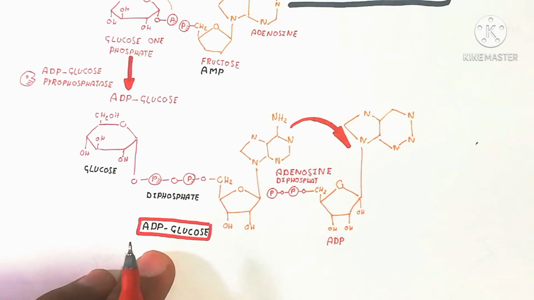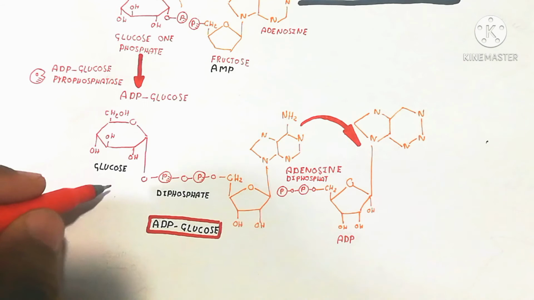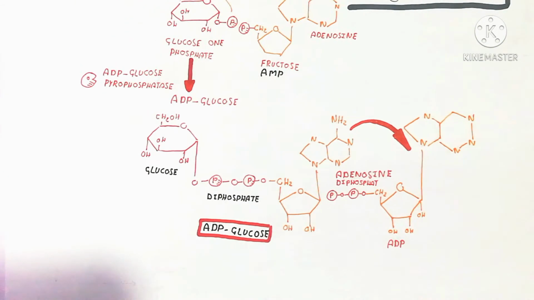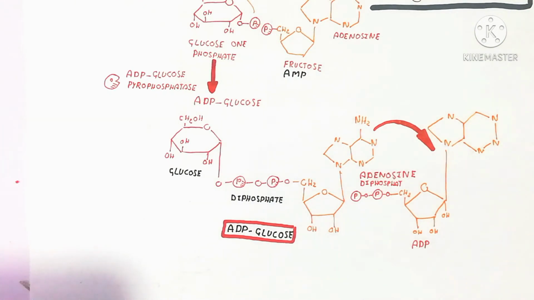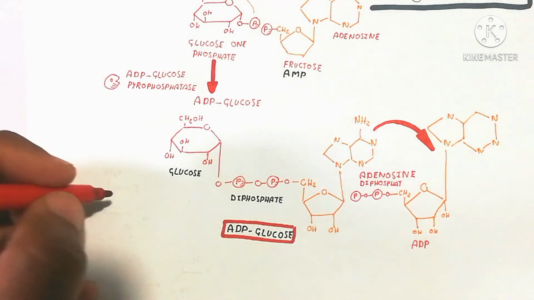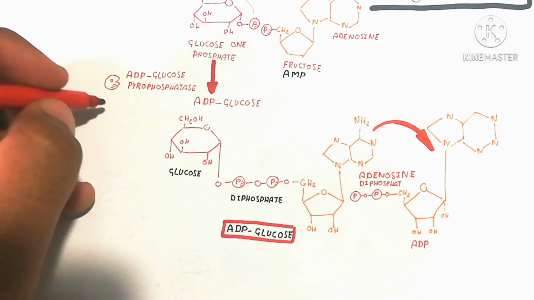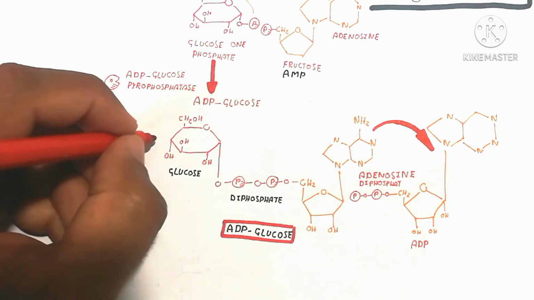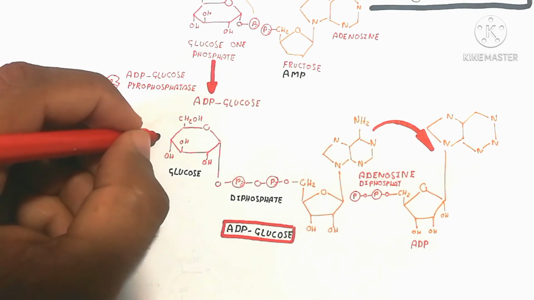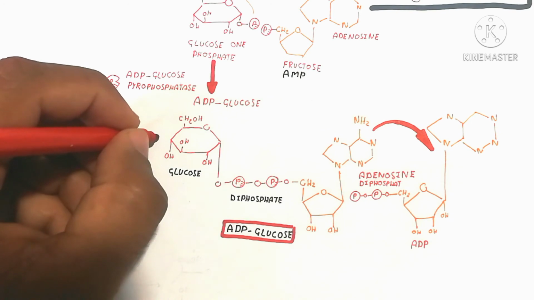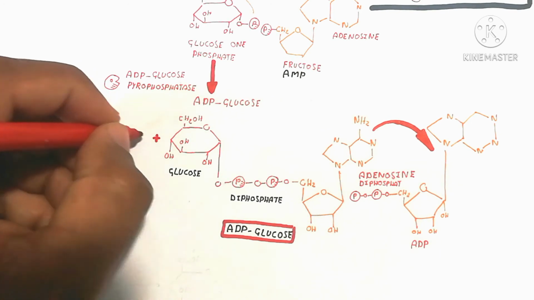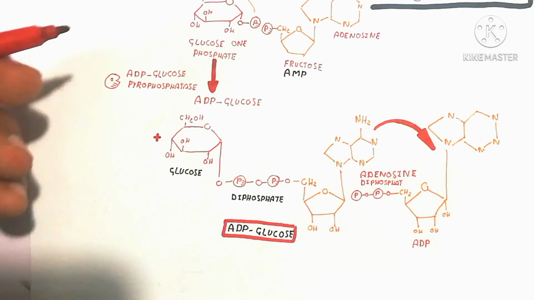So that's amyloplast which use this sugar, and this is the important things which is for example here I will draw another glucose molecule which comes from the one more reaction of this glucose production. So here I will draw one more glucose molecule.